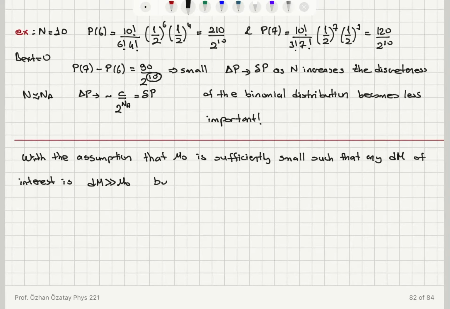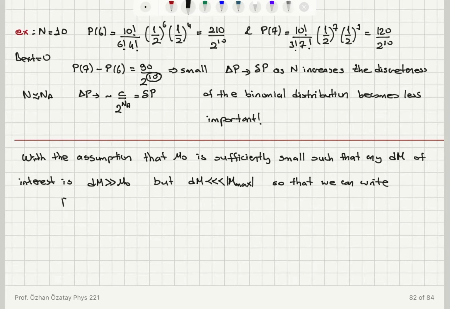But the dm value that I'm choosing should be also much less than the maximum or minimum magnetization values, absolute values, so that we can write the following.